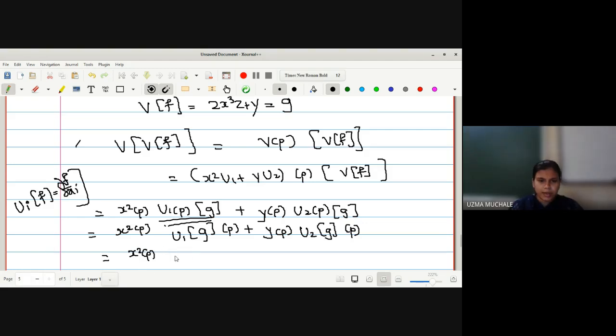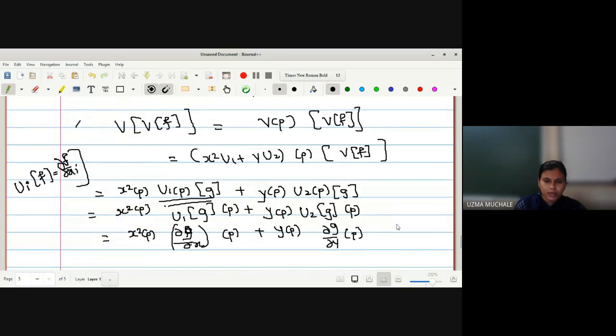So it is dou g by dou x instead of f, at a point p, plus y at a point p, again dou g by dou y at a point p. Okay, g you have. What is the value of g with respect to x? It is 3 into 2, that is 6x square z, correct? And with respect to y, what will be the value? 1. 1. Okay. So let me write down the values now.